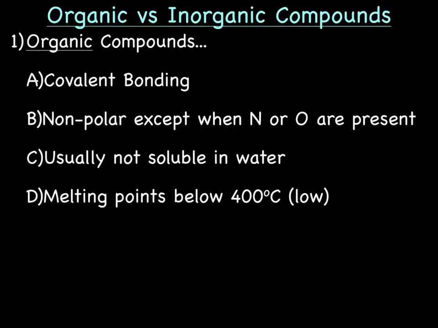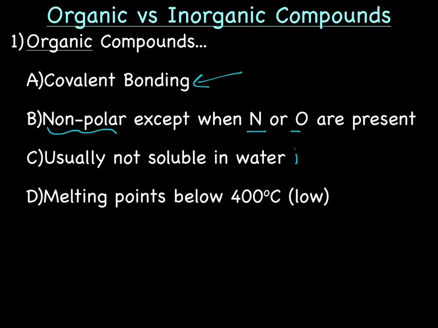Organic versus inorganic compounds. What makes them different? Organic compounds are covalently bonded, and that covalent bond is normally nonpolar, except for the cases when nitrogen and oxygen are present. They are usually not soluble in water.